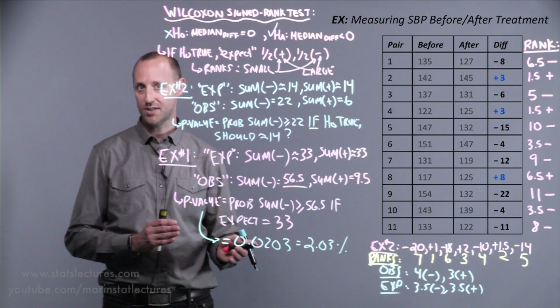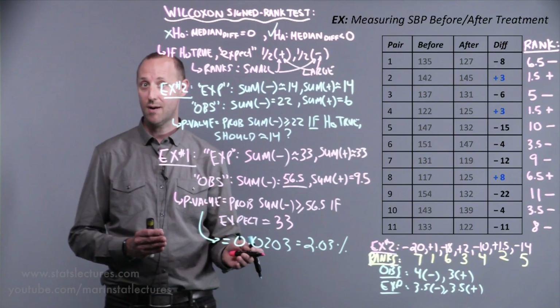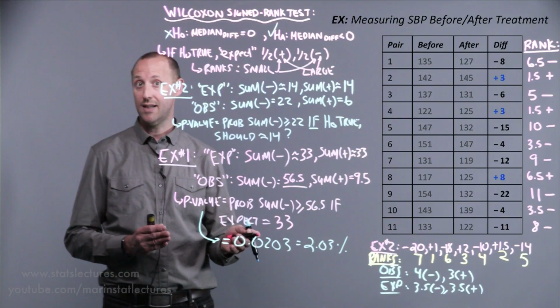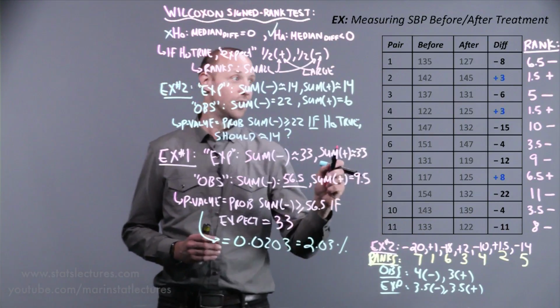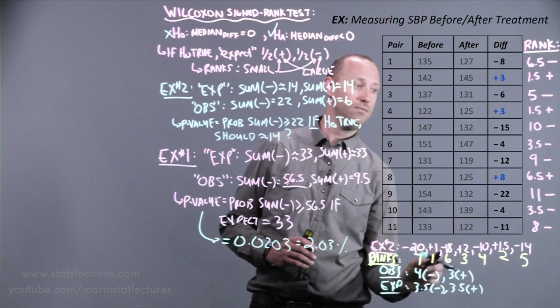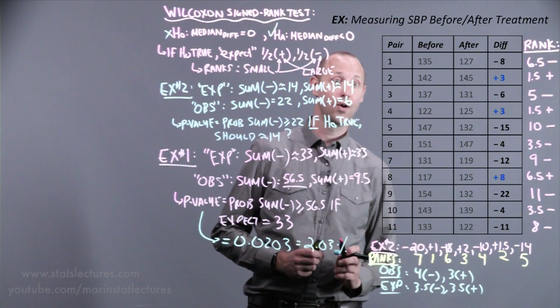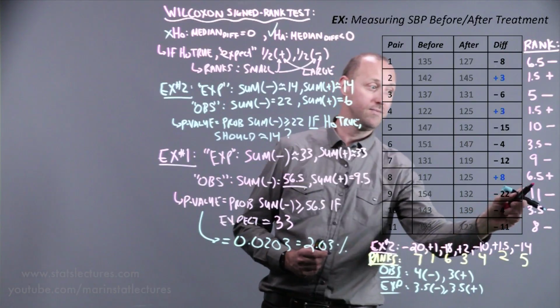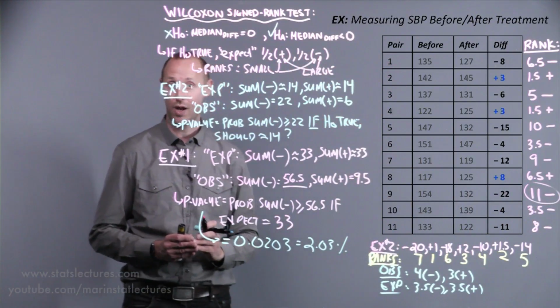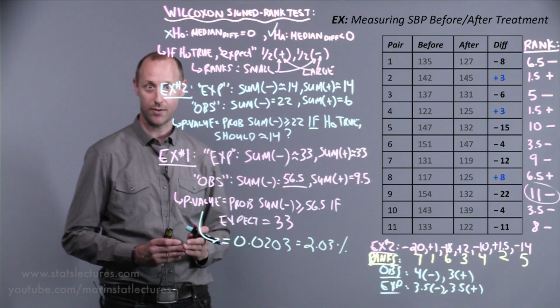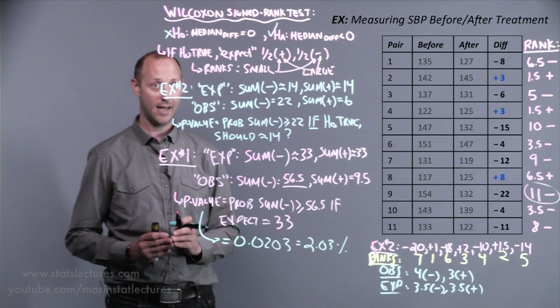There are gains and losses to these. By ranking the observations, the gain is it becomes less sensitive to outliers. Whether the largest change was a decrease of 22 or a decrease of 42, either way, this is going to be the largest change. So it doesn't become sensitive to an outlying or extreme value. In some ways, that's a gain.